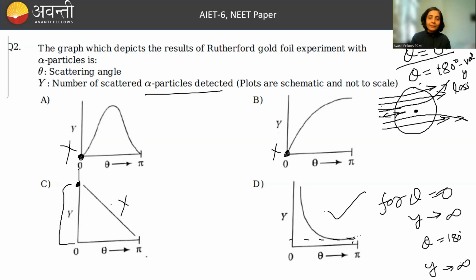That is in agreement with the Rutherford gold foil experiment. So this will be correct. Okay. Chalo. So this was a very easy question.